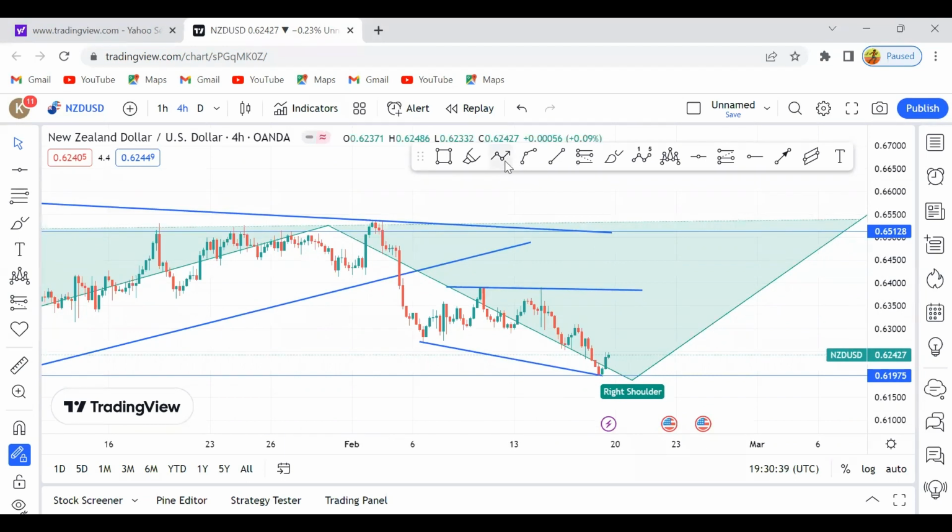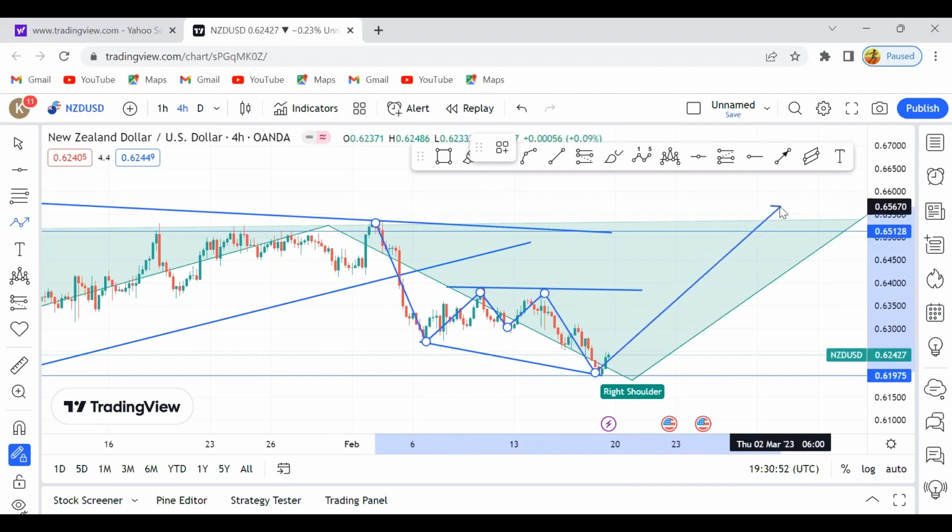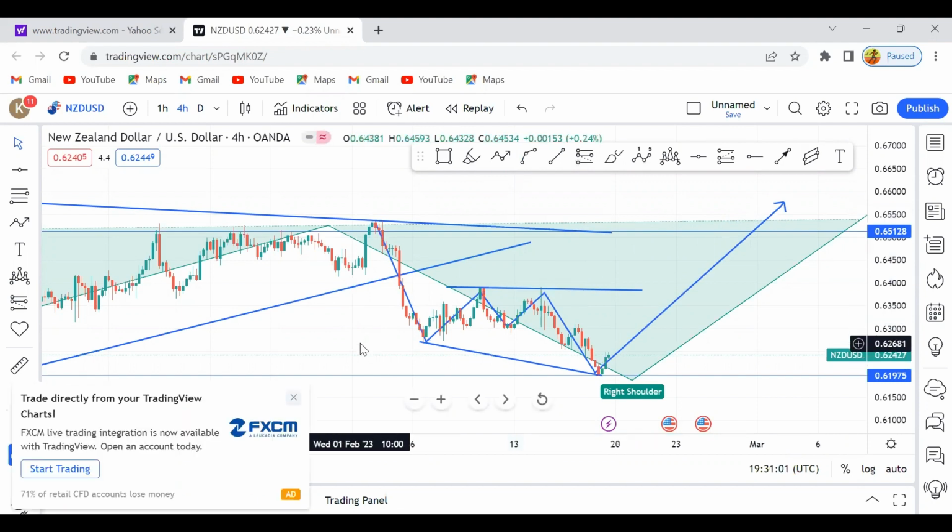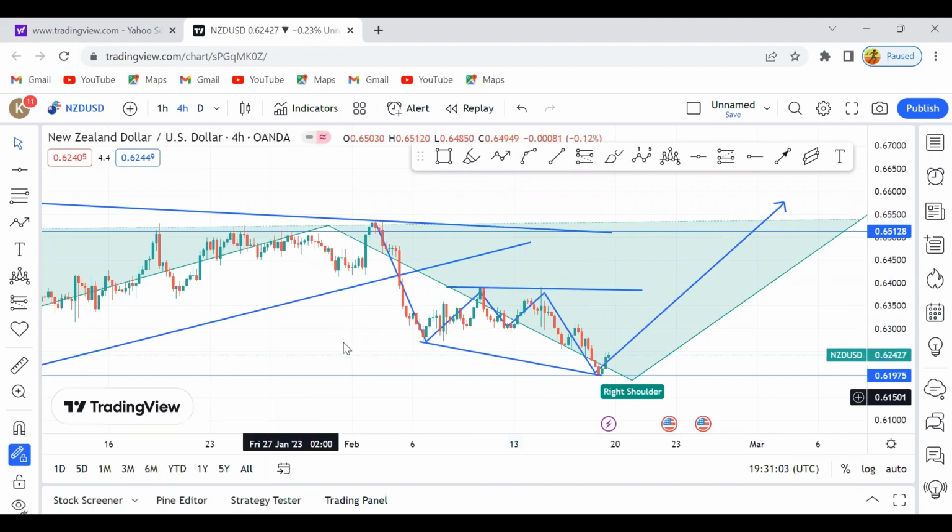Okay, so since we're seeing this type of channel at this point here, since we're seeing this movement from NZDUSD, we can see that it has to go to the upside. How do I say that it has to go to the upside without actually confirming it?